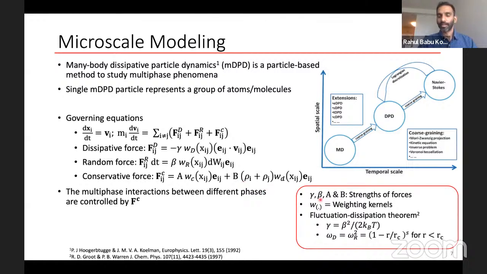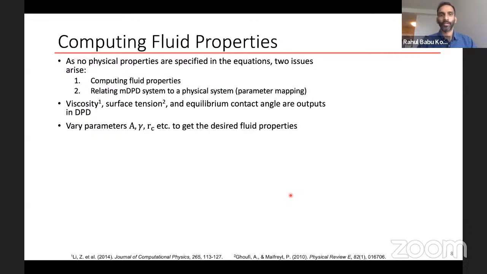And these are all pretty much the standard MDPD method that is available in LAMMPS that we have used for this work. And typically with these particle-based methods, especially with DPD or MDPD, the challenge is that we do not specify any physical properties of the system of our interest.